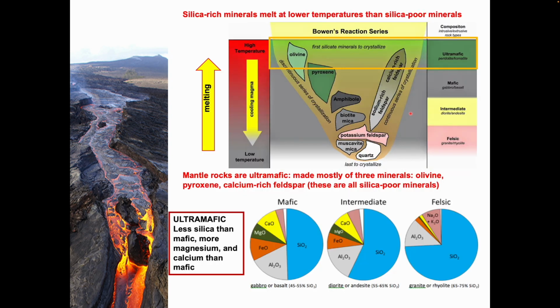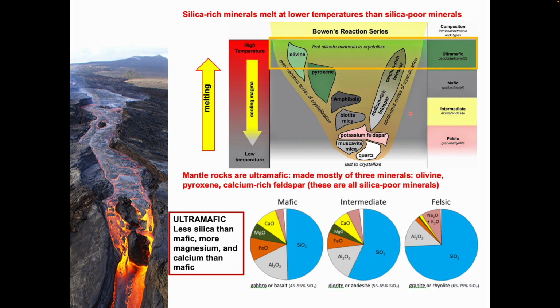That's important to remember. Especially here, this is called Bowen's reaction series. This is the series of processes that govern what minerals melt where, in what conditions, and how your magma will evolve over time as its conditions change.